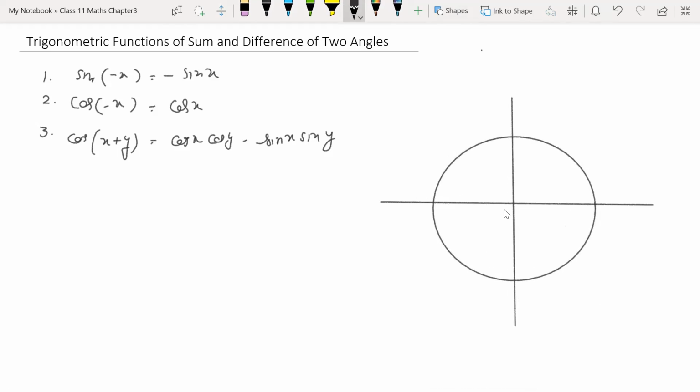I will draw a circle with center at the origin. This is the center, this is the x-axis, the y-axis, x negative, x dash, y dash, meaning y negative.